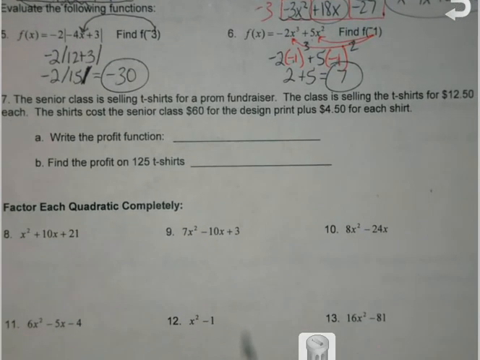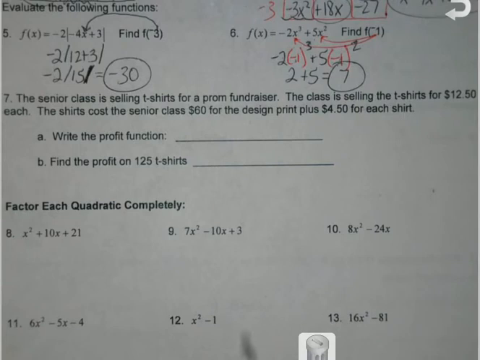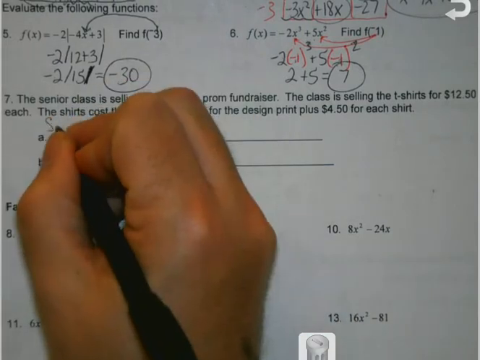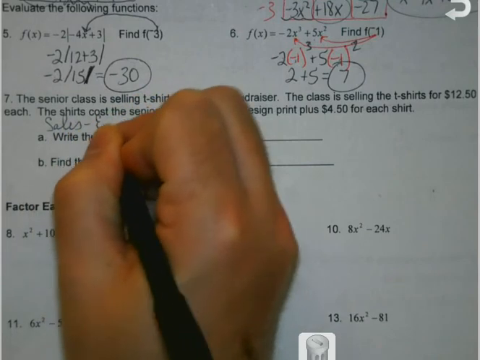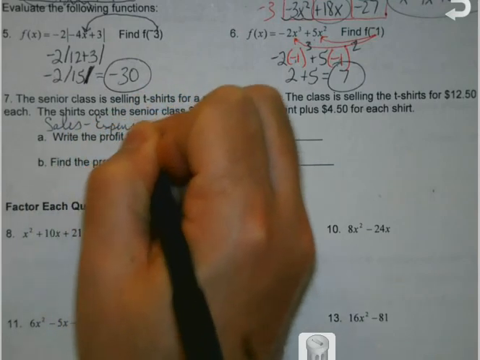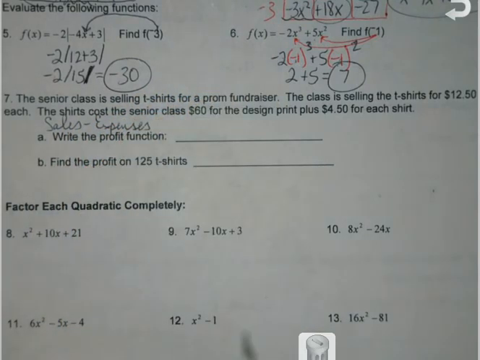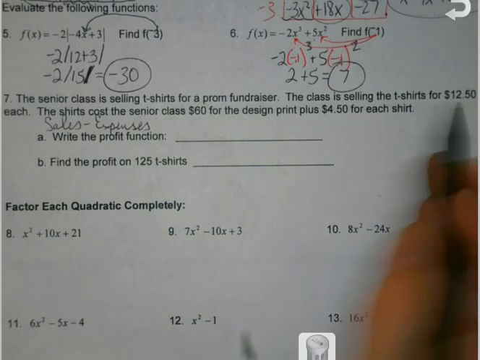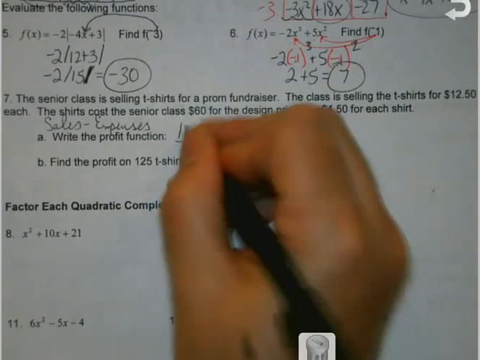All right, senior class is selling t-shirts for a prom fundraiser. Selling the t-shirts for $12.50 each. The shirts cost the senior class $60 for the design print plus $4.50 per each shirt. Write the profit function. Remember, profit is sales minus expenses. Selling the shirts for $12.50 each. Now be careful.